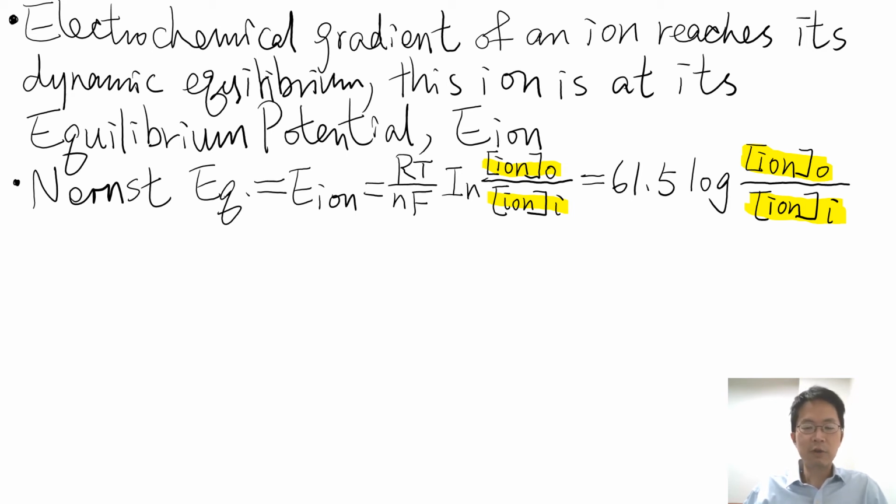Well, if you remember what we talked about, the relative concentrations: inside the cell we have very low sodium, and outside the cell we have very high sodium. What about potassium? Potassium is the opposite. Inside the cell we have very high potassium, but outside the cell you have very low potassium.